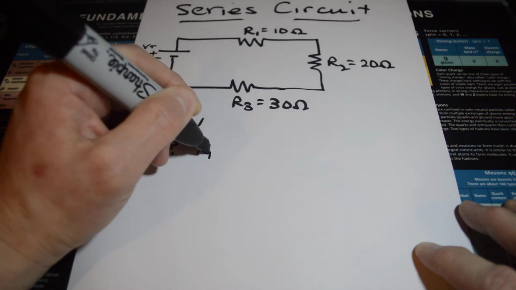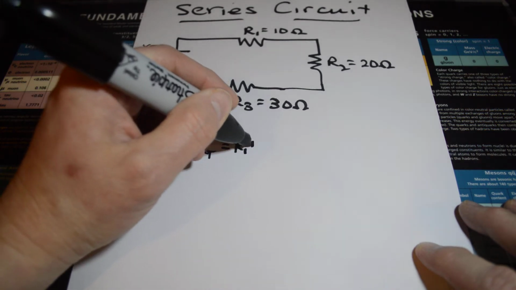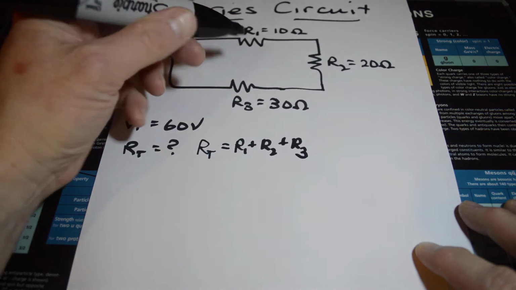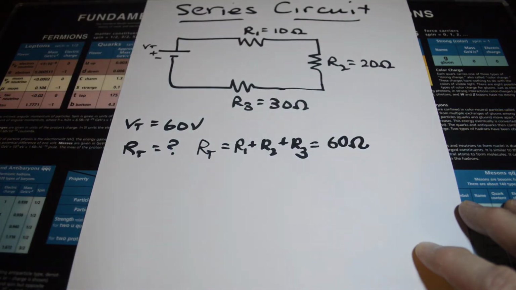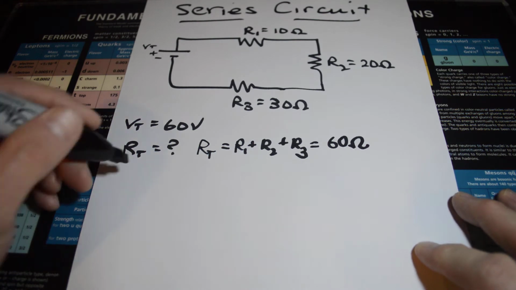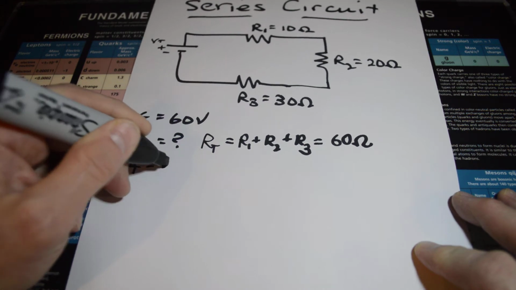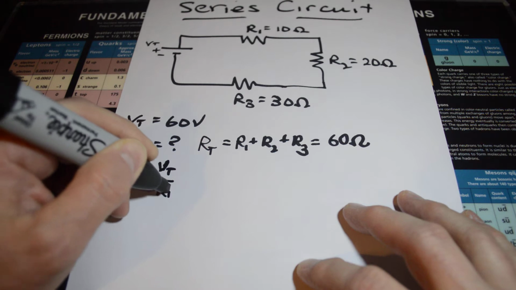We said that the total resistance is going to be all 3 added together. So 10 plus 20 plus 30 gives you a total of 60 ohms of resistance. The next thing we could find is the total current, which by Ohm's law would just be the total voltage over the total resistance.